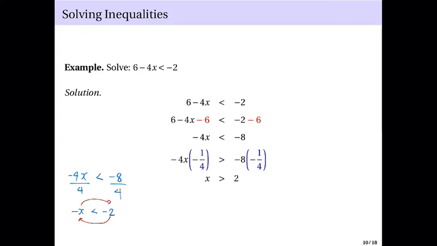So the negative x goes to the right-hand side and becomes positive x, and the inequality is retained. The negative 2 moves to the left side and becomes 2. So notice, we have 2 less than x.